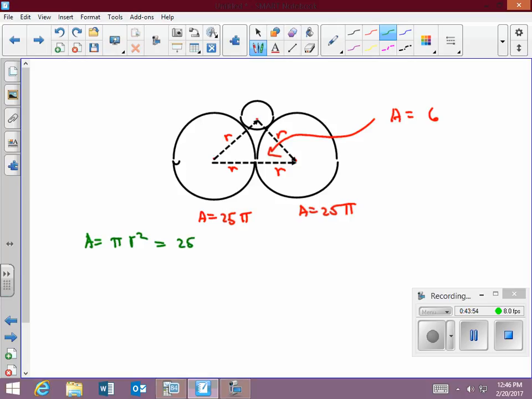That's 25 pi. So r squared equals 25. R equals 5. So each one of these is 5. Correct?